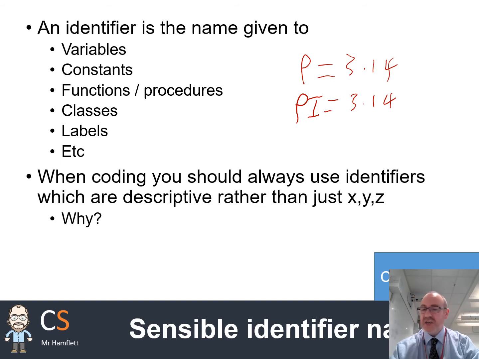Functions and procedures, obviously, these must be named really, really carefully. You can't just have lots of functions called X because that won't be very descriptive. So your functions should explain what they are doing as best they can in the name. One little gripe I have is that when you use libraries written by so-called experts, they don't always name their functions really well, and sometimes they're really confusing.